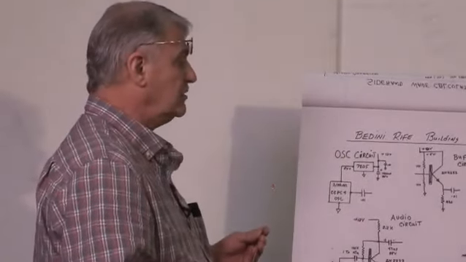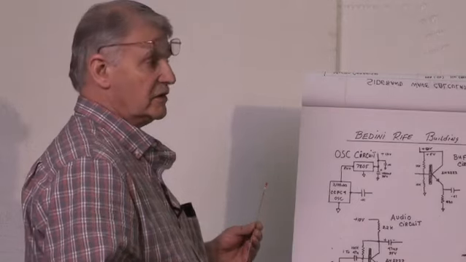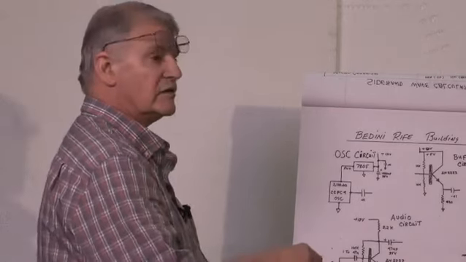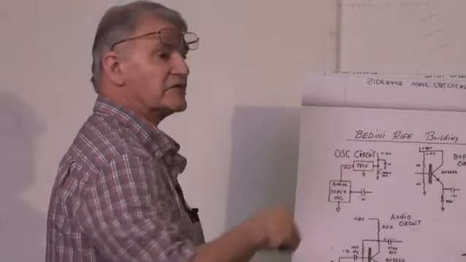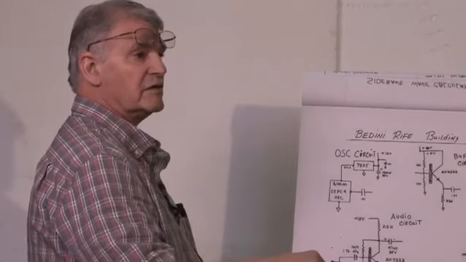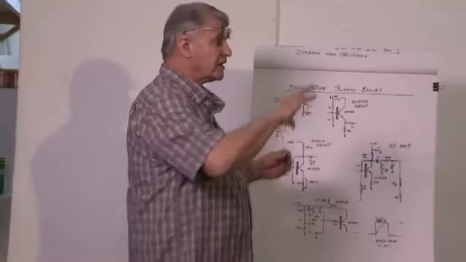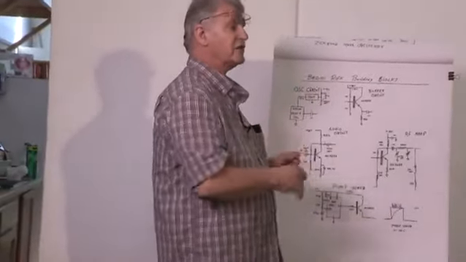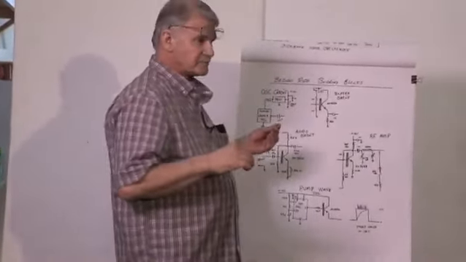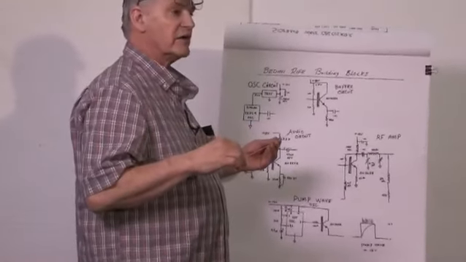But what you do not want to have to do is try to adjust things like in Rife's machine, where nobody knew exactly what the frequency was, so they had to sweep the frequency back and forth. That's the other thing. It's the sweep generator.